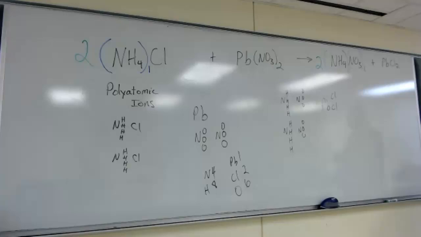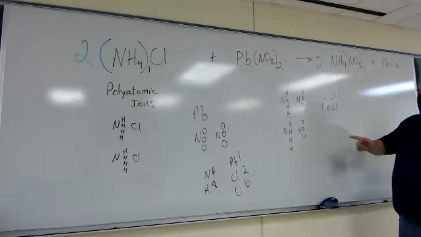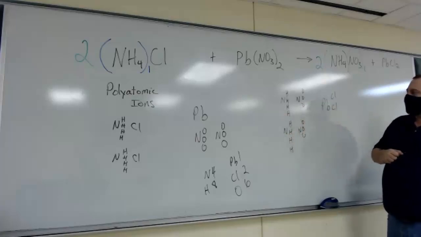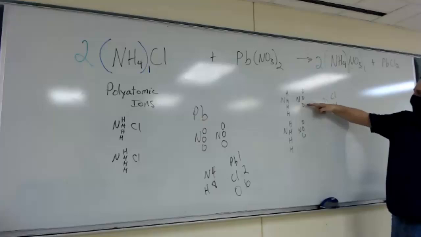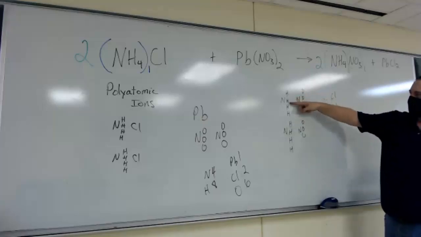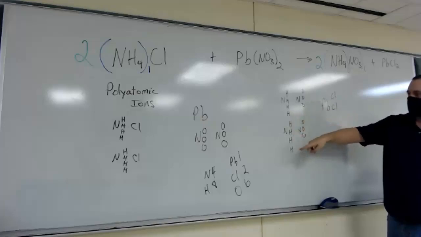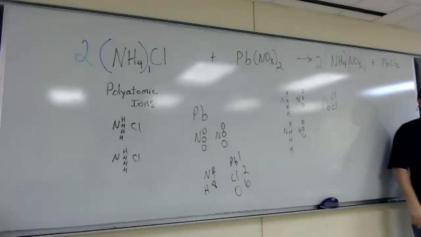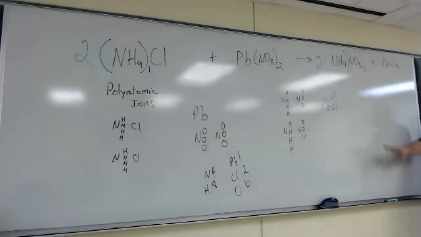Making a list. All right, how many nitrogens do we have over here? 1, 2, 3, 4. Oxygens, we've got 1, 2, 3, 4, 5, 6. That works out. 1, 2, 3, 4, 5, 6, 7, 8 for the hydrogens, 2 chlorines, 1 lead. What can I say about this equation?